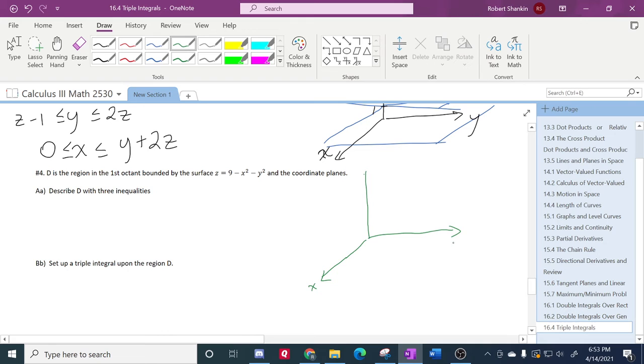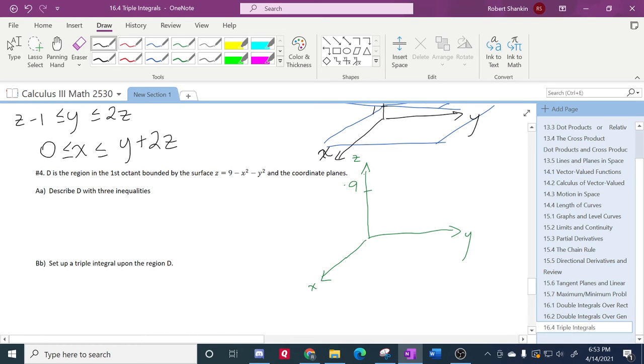So X, Y, Z. At 9, this is the highest point on the surface, and that occurs when X and Y are both 0.